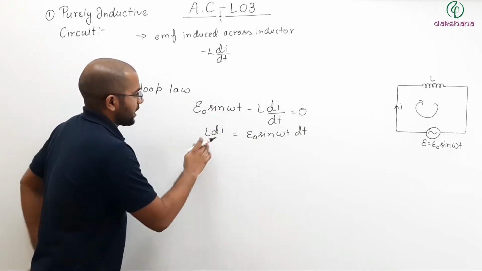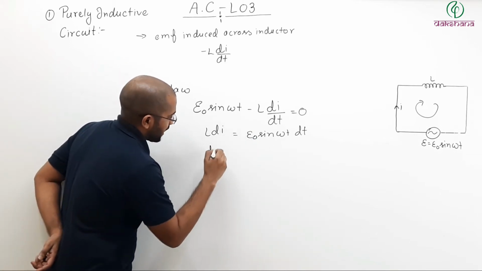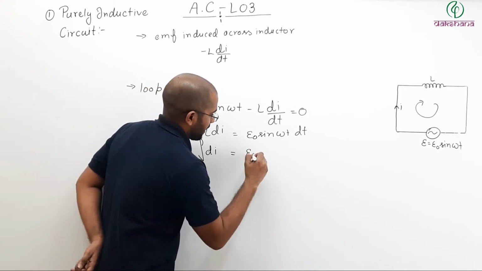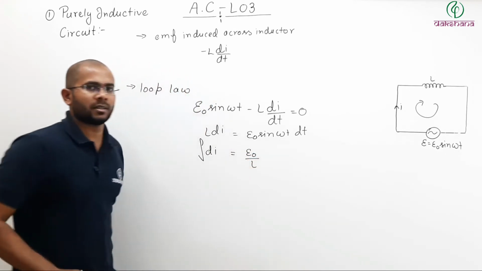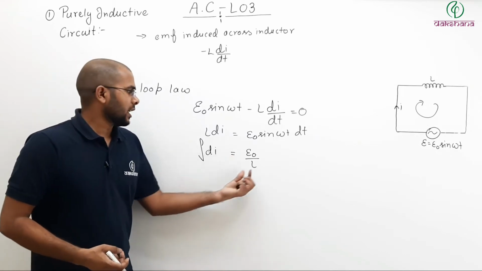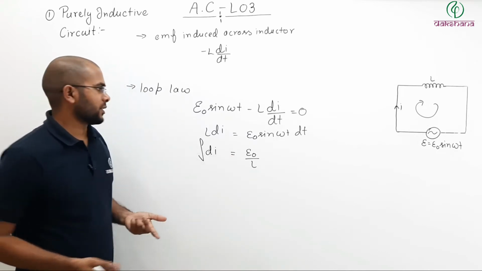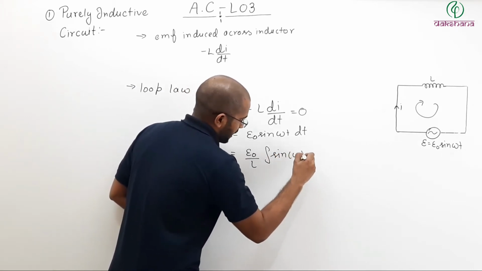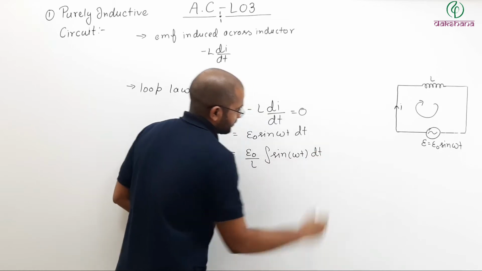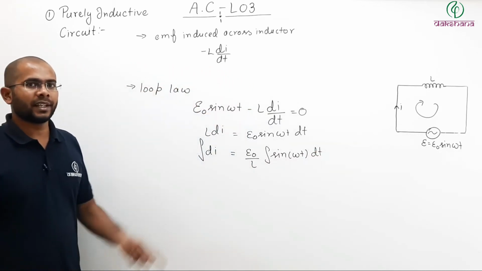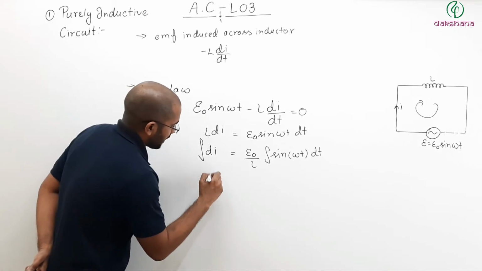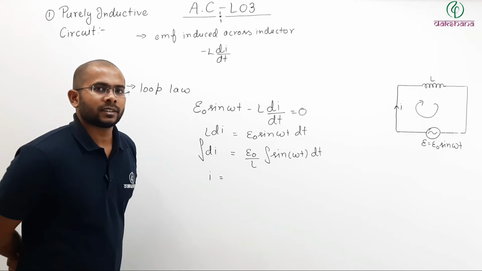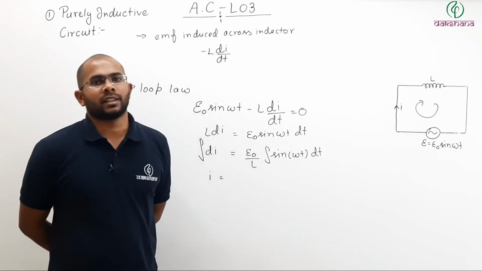Now let's take this L to the other side. So the integration of di must be equal to E naught by L. E naught is the maximum value of EMF, which is a constant. L, which is inductance, is also constant. So E naught by L integration of sine of omega t dt. Integrating, here you will get I. And what about this side? What is the integration of sine omega t?